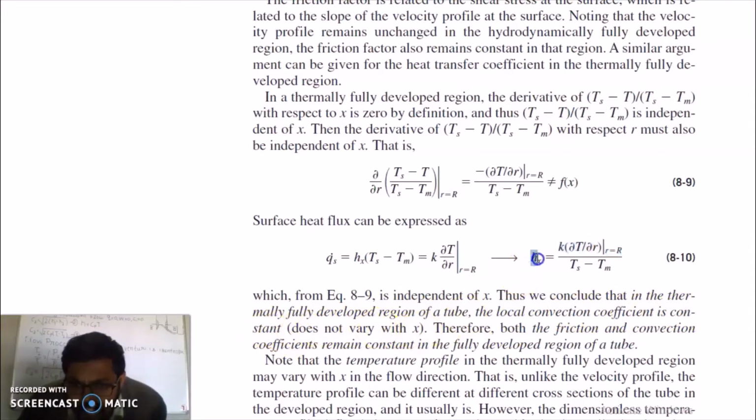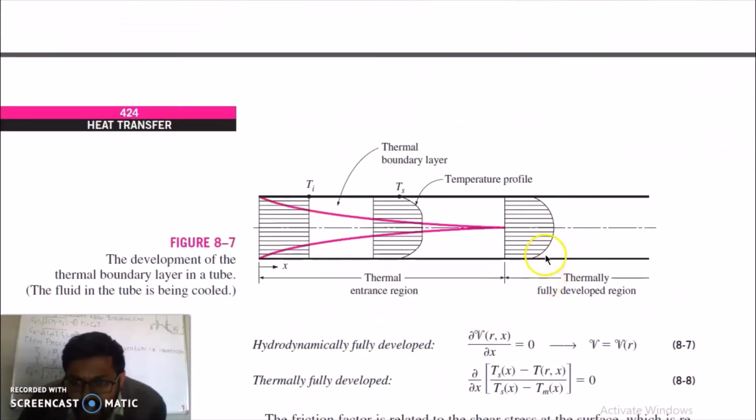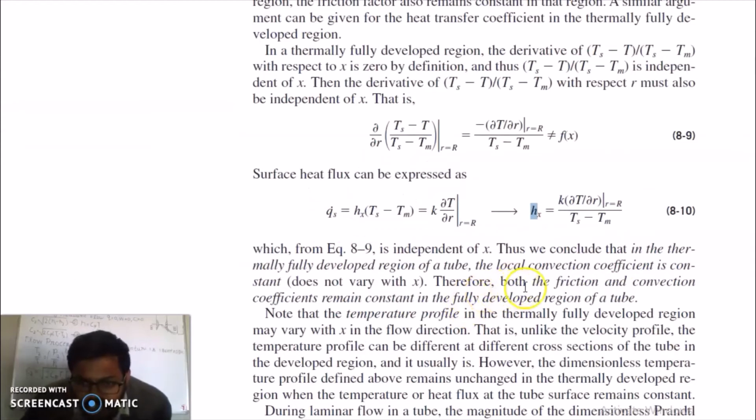Means your h, that is the local heat transfer coefficient, will be constant in this thermally developed region, and it won't vary with x. Therefore we conclude both friction and convection coefficients remain constant in the fully developed region of a tube.